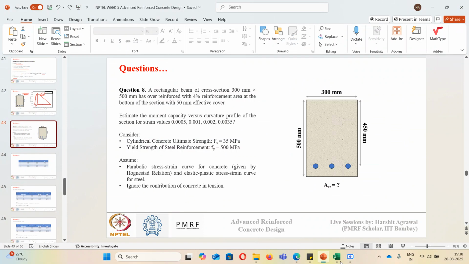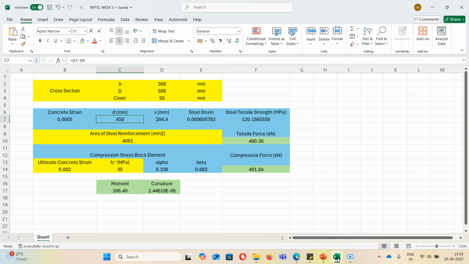So 4 times the total area, B into D, so it is 300 into 450 divided by 100, so it is 5400. So this AST is 5400 square. Once I know AST, I'll feed the value here.